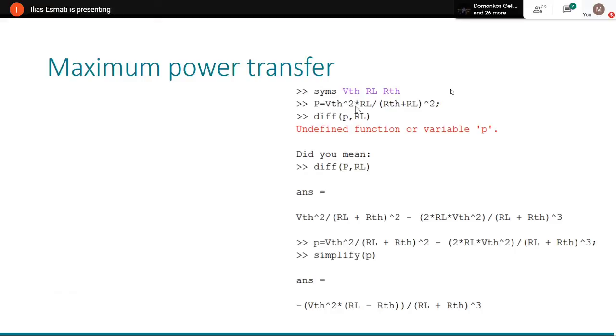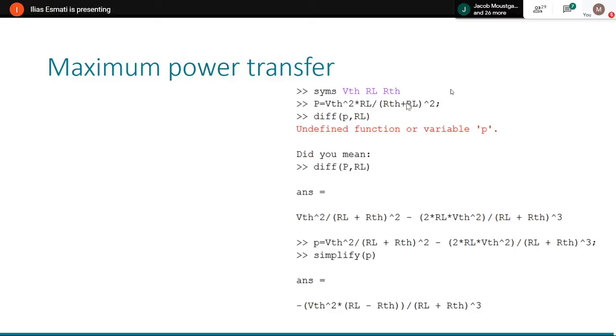Simply write your equation. All you have to do is write DIFF. DIFF stands for differentiation. Okay. So I would encourage you to test this piece of code on your MATLAB, so you get the same answer.